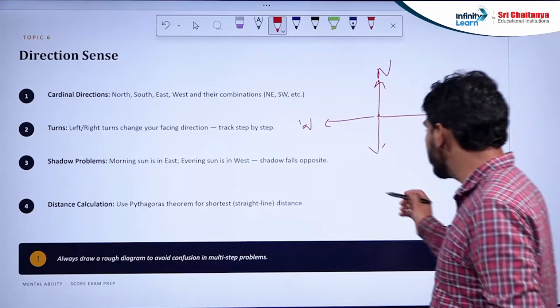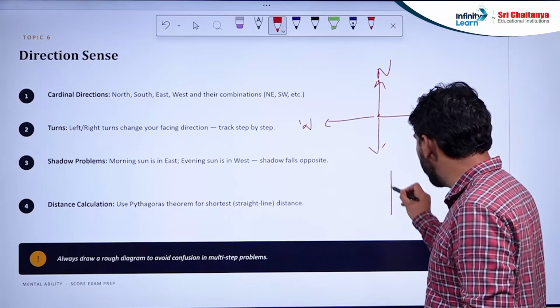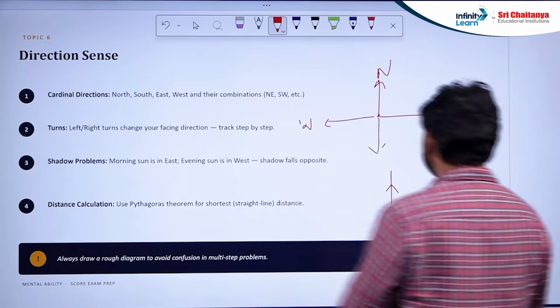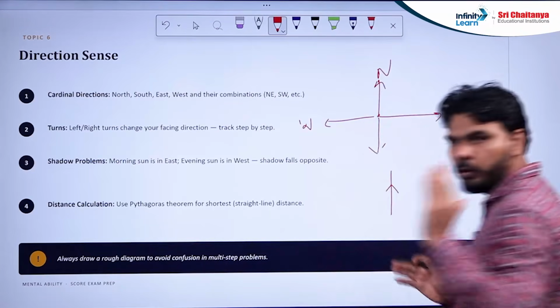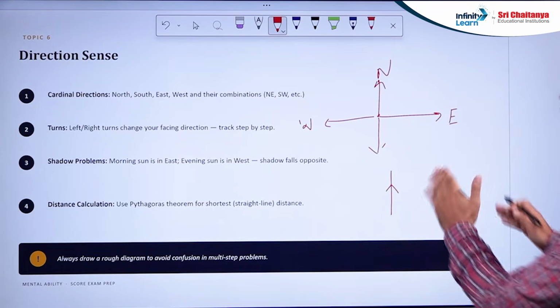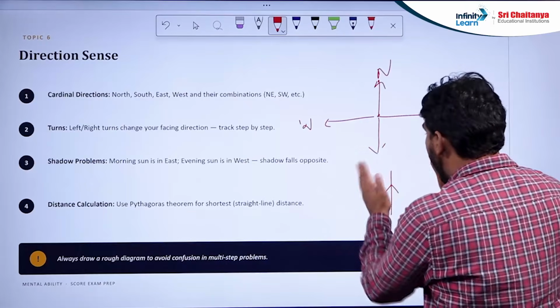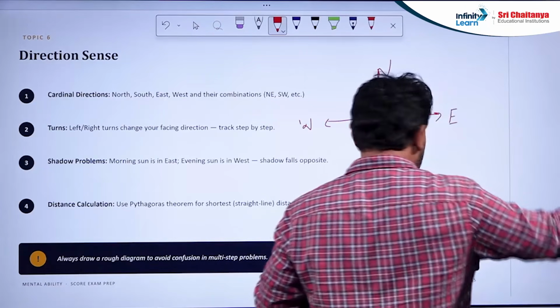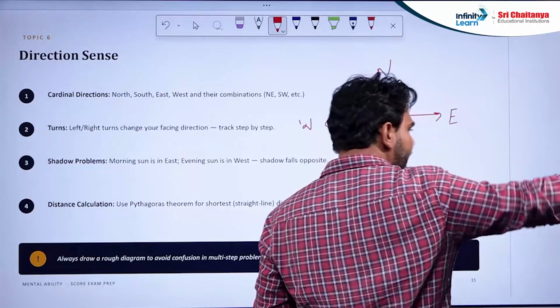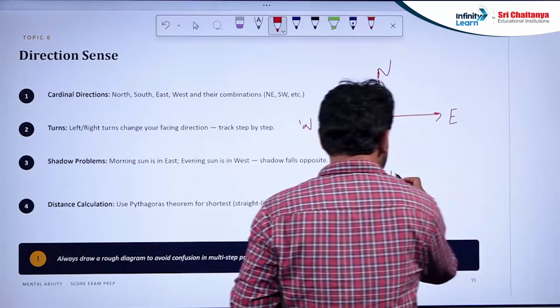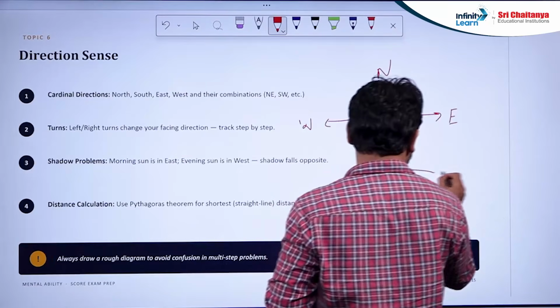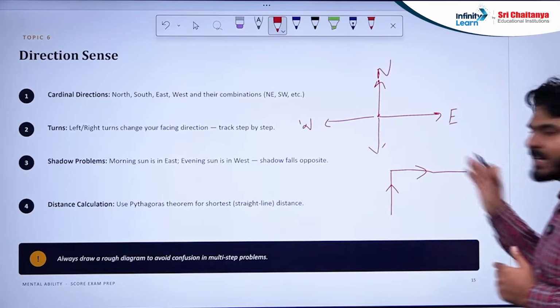The thing is, when Raj is moving towards north and takes a right turn, suppose you are in place of Raj and moving in this direction. When you take a right turn, your right hand will be on this side, so Raj will be moving towards this side only. So this is his right.